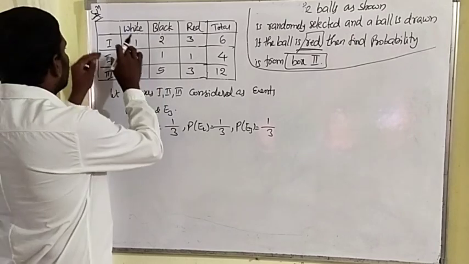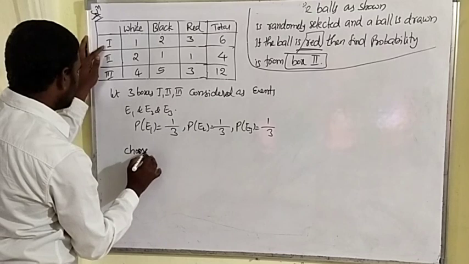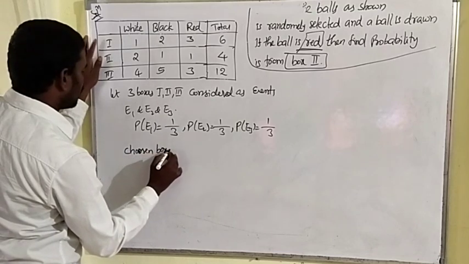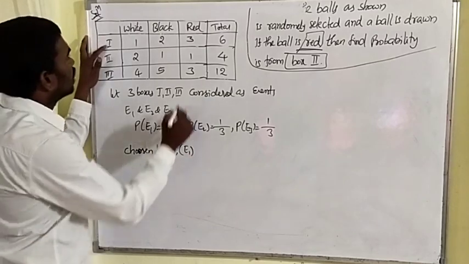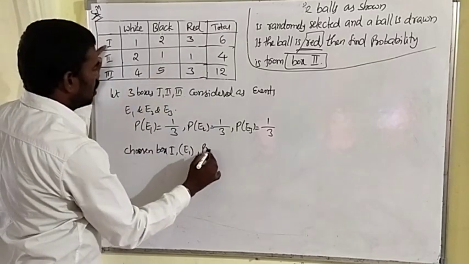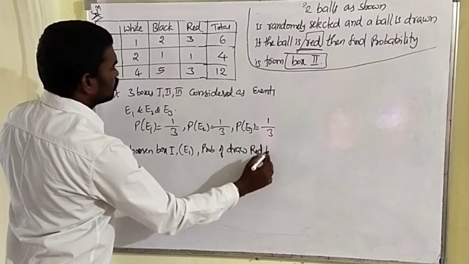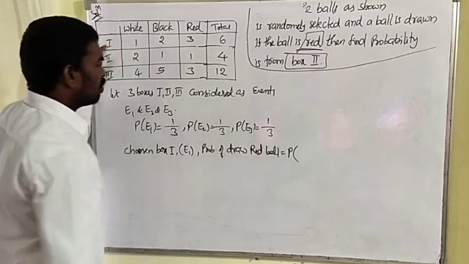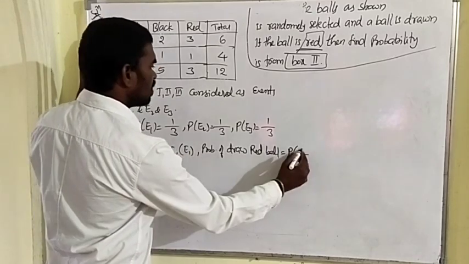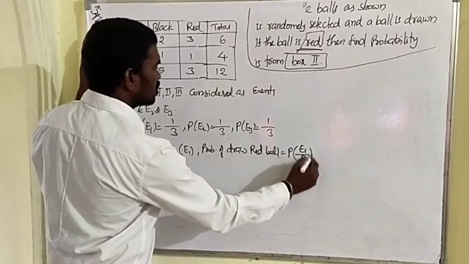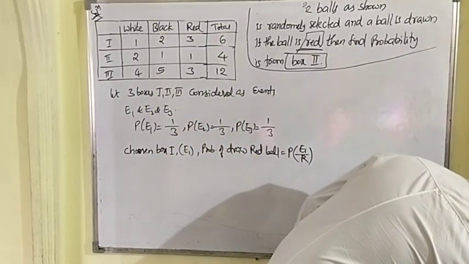See, chosen box B1, chosen box 1, that means event E1. Probability of drawing a red ball, given box E1, is R by E1.